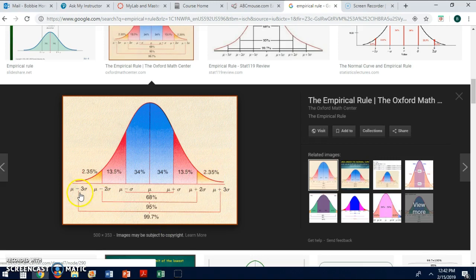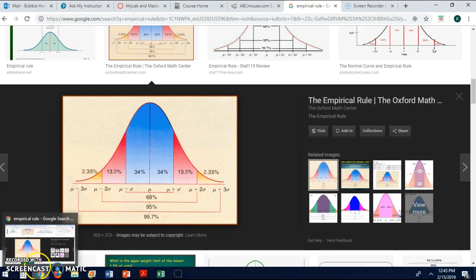Then you take your standard deviation times 3 and subtract it from your mean to get your lower limit. The number on your lower limit and the number on your upper limit tell you that 99.7% of your data values will be between those 2 numbers.